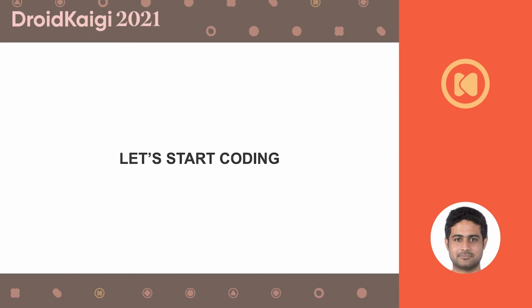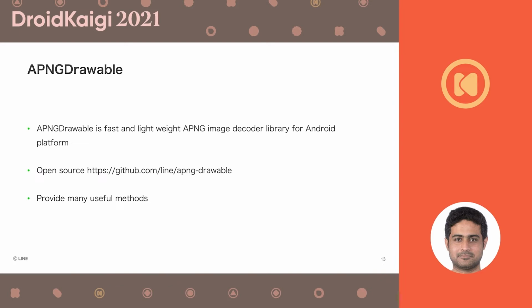As I told you earlier, any PNG renderer can render or display a PNG image, but without the animations. So we want a renderer or a decoder to display the APNG drawables. So here at LINE, we developed a library called APNG drawable.